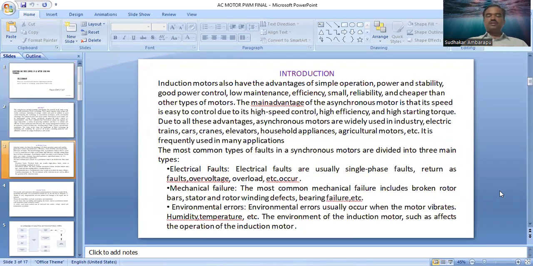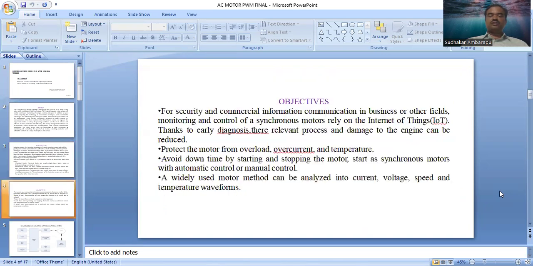Here, with respect to synchronous motors, there will be different faults like electrical faults, mechanical faults, and environmental faults. And even if we observe induction motors, we will be observing many faults due to overheating and temperature, and excess current drawn due to different faults.